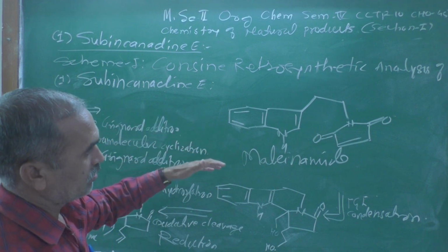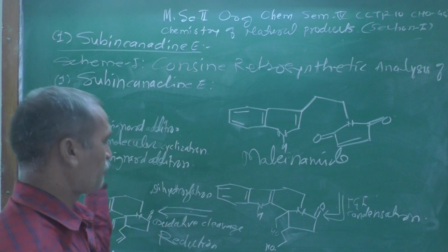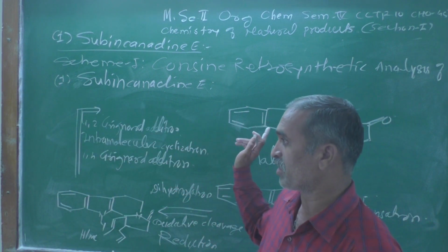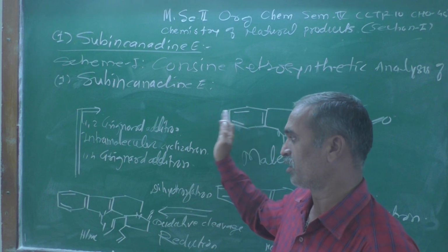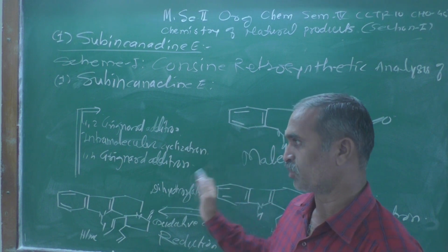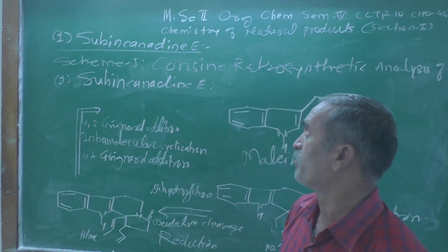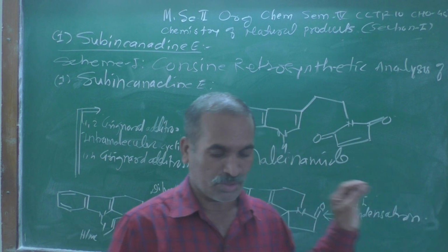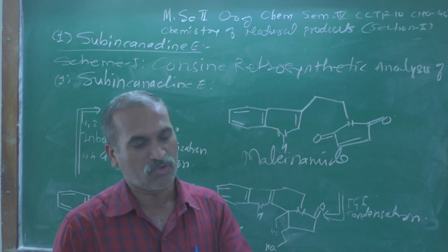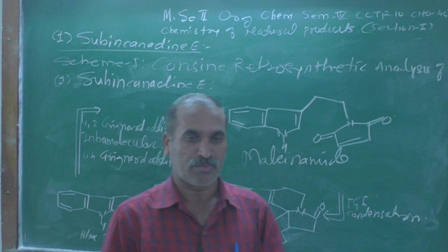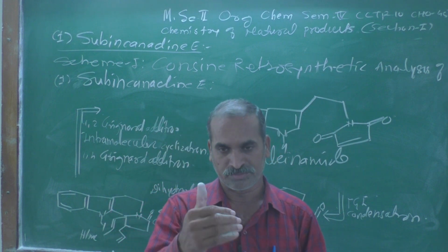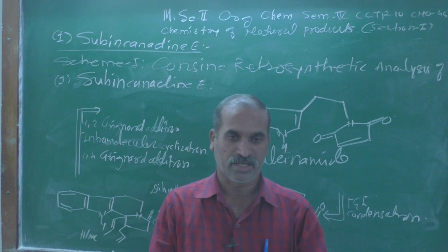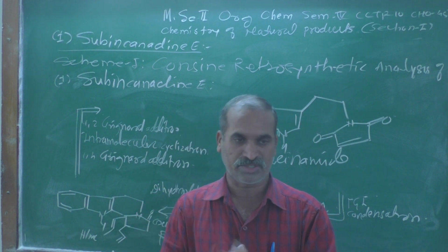Retrosynthesis means starting from the backward reaction. If you go forward, you can prepare it by using this as a starting material, and we are going to get sabine canadine E, which is our target molecule. This is the retrosynthetic analysis of this molecule. We have seen step by step what kind of approaches we have used here, written on the disconnection arrow.